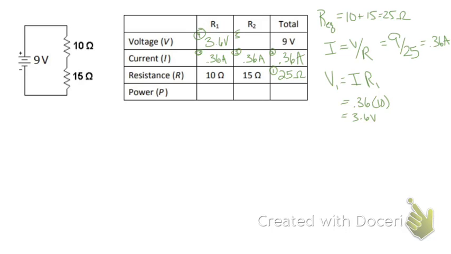For the next one, we're going to do the same thing, but we're going to use the information for resistor 2. So that's V2 is equal to the current times the resistance across that resistor. 0.36 times 15. And that is... wrong one. That is 5.4 volts.